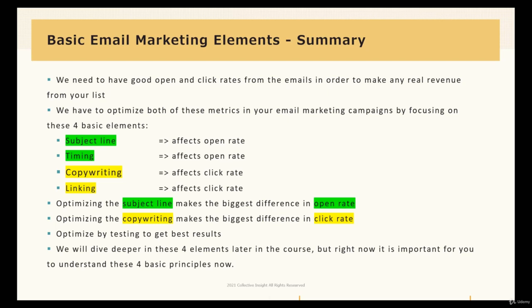So you can create a temporary group or a temporary list of people who did not open your broadcast email, and then you can target those people who have not opened and send them the same email about, let's say, 2 or 3 hours later.